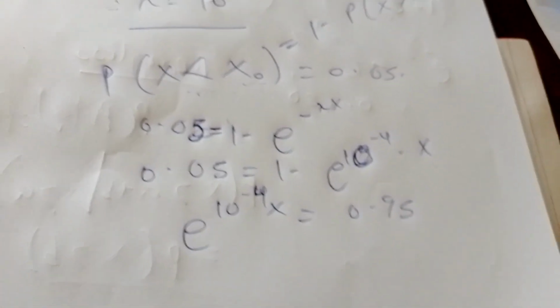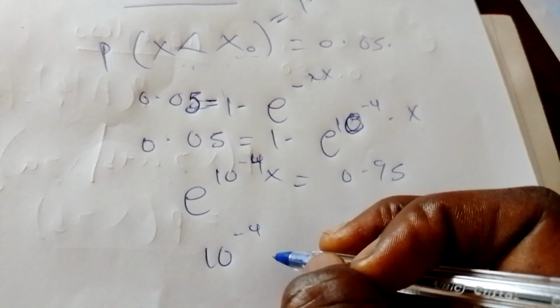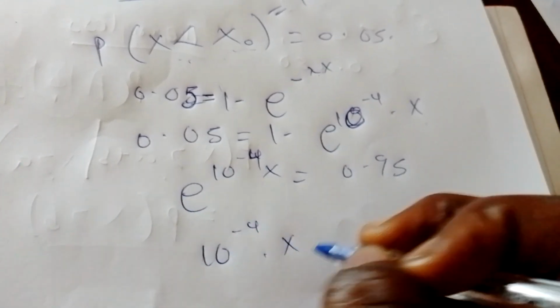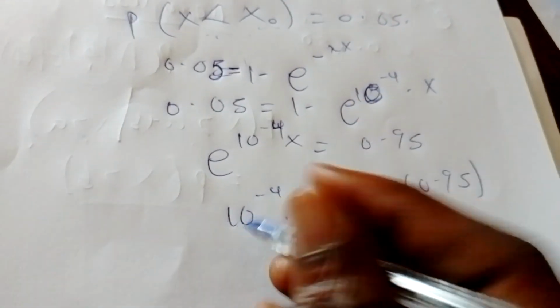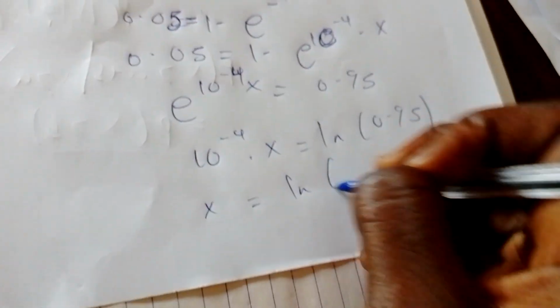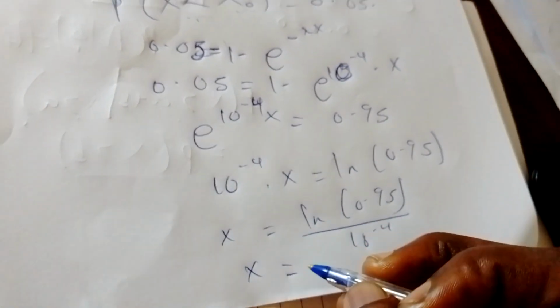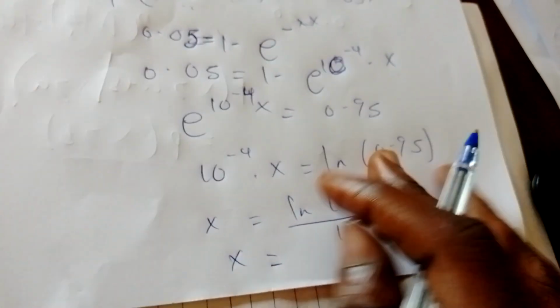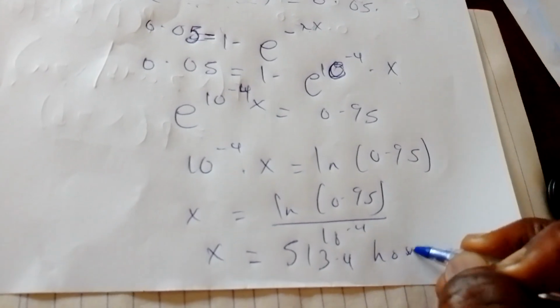Then you can take ln of both sides. So 10 power minus 4 times x will be equal to ln of 0.95. Then x is equal to ln of 0.95 over 10 power minus 4. Let me check. I'm getting 513.4.